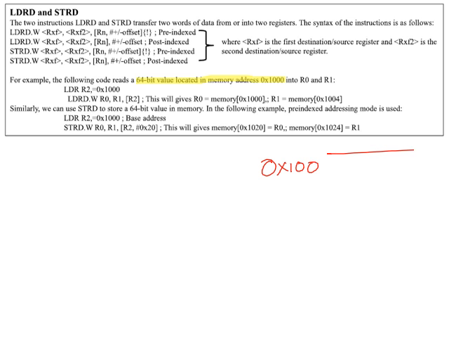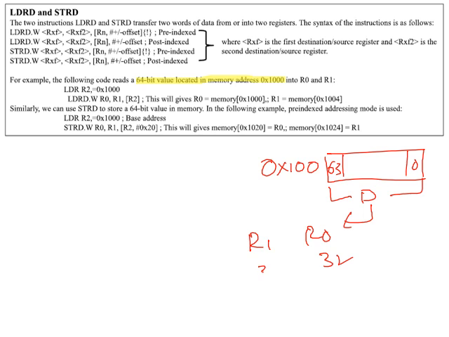In this location we have a 64-bit value. So this value has to be read. I will call it data D, and it should be read into R0 and R1 also, because R0 is only 32 bits, so it will require R1 also.